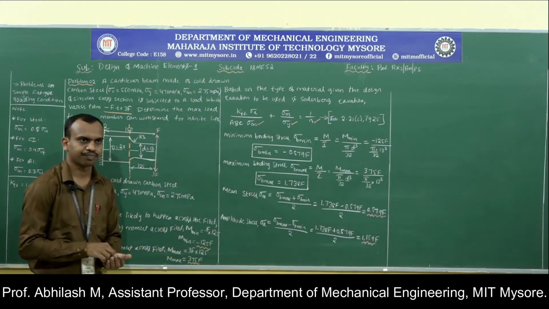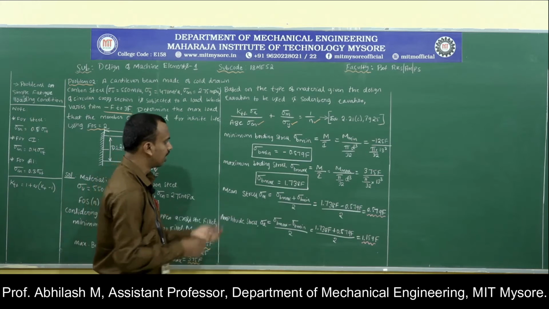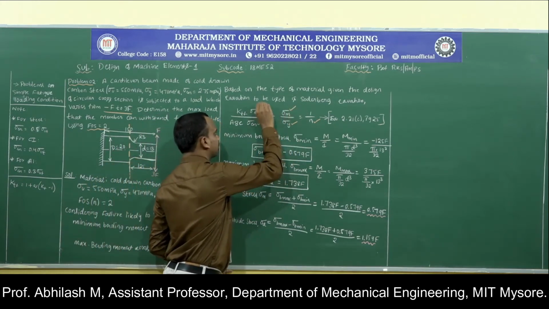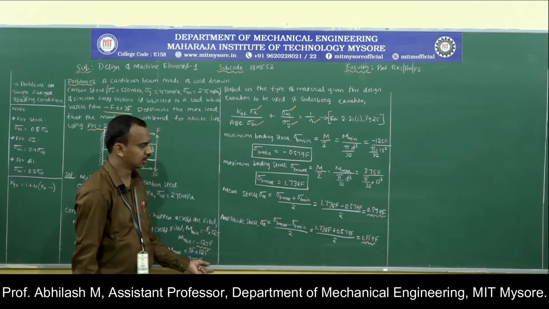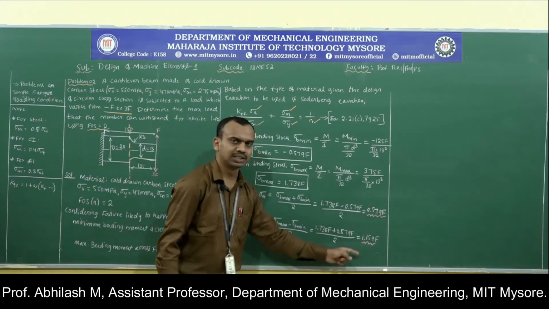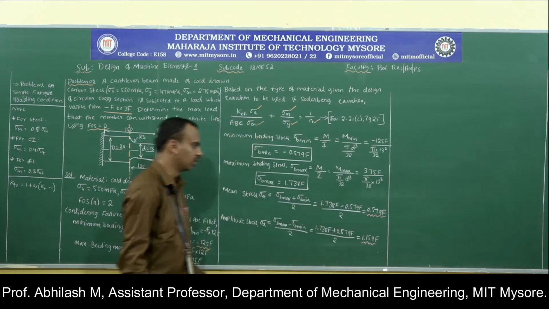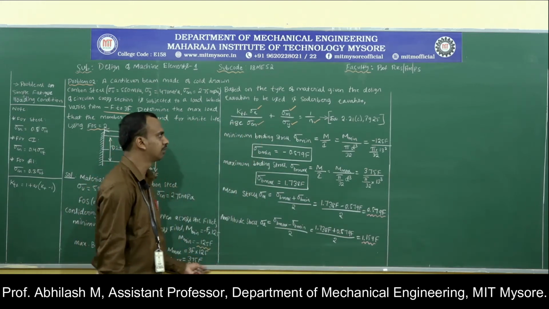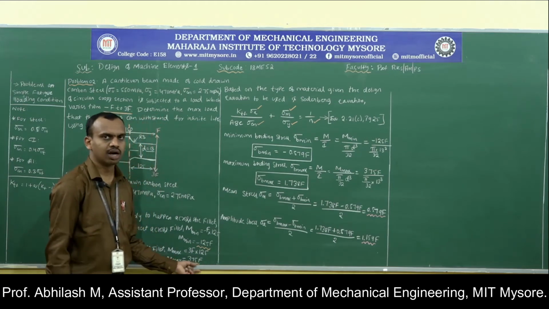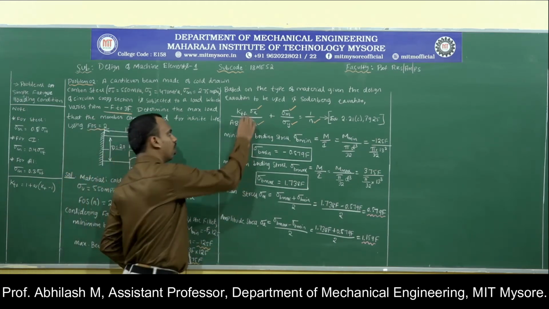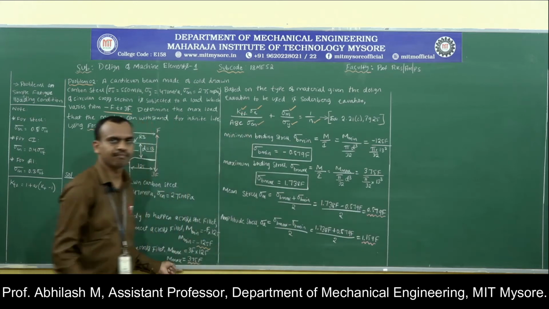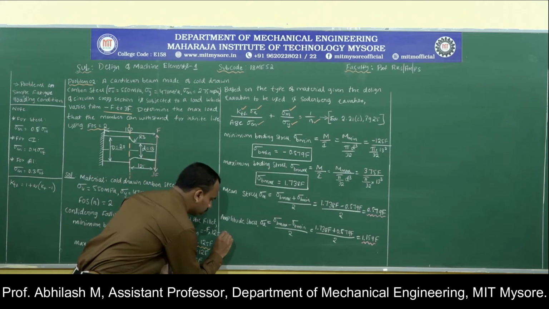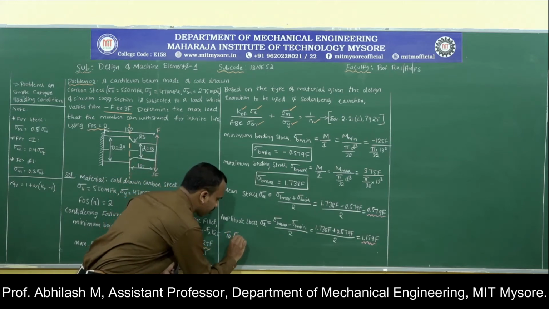So in the problem, we have identified the mean stress as well as the amplitude stress. The mean stress value is minus 0.579 F and the amplitude stress value is 1.159 F. Now what is the next parameter we are supposed to identify? We are supposed to calculate the value of KTF.